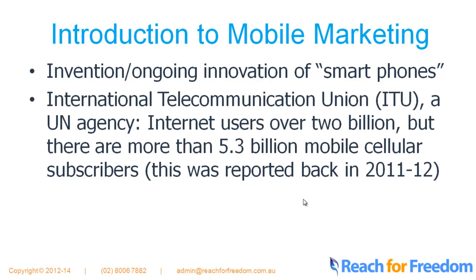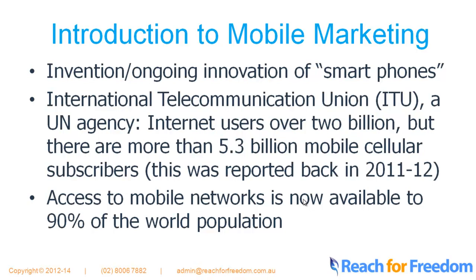Okay, now the ITU, a UN agency, said that there are over 2 billion internet users, but more than 5.3 billion mobile subscribers. So that tells you the size of mobile, and that was back in 2011, 2012. Okay, and access to mobile networks is now available to 90% of the world.